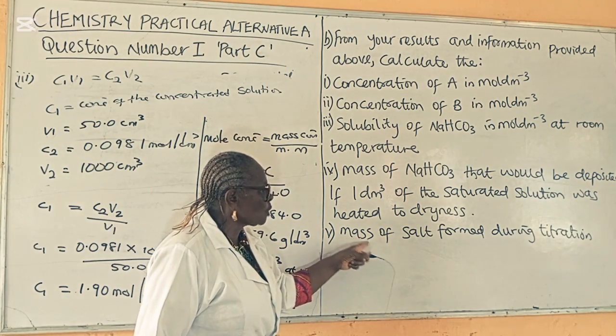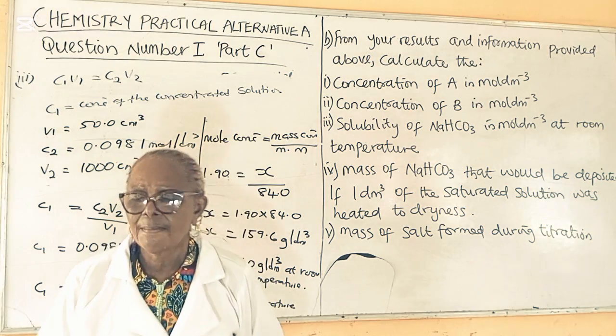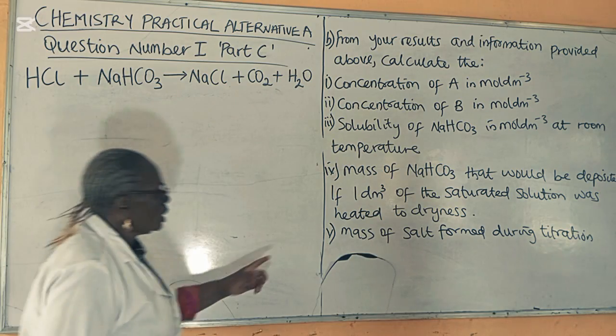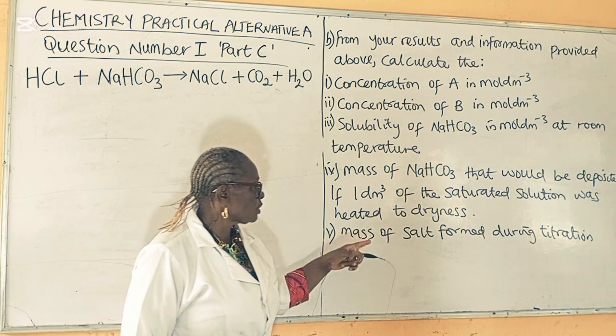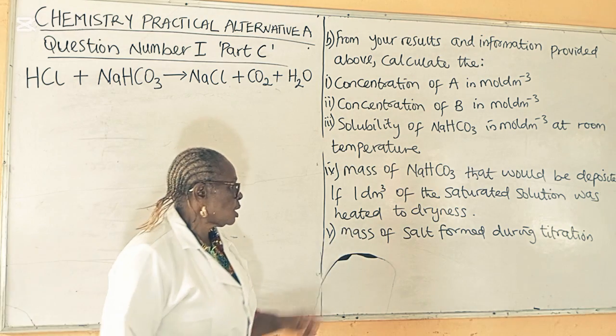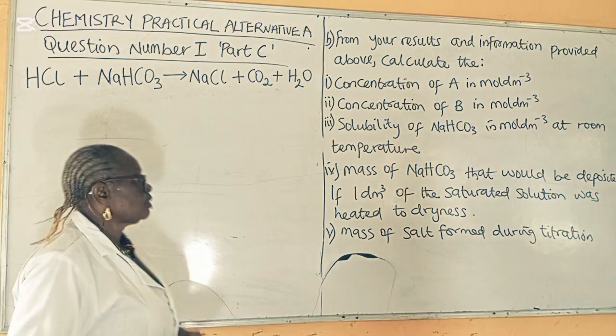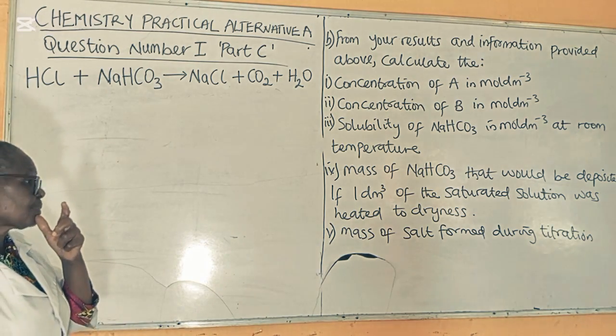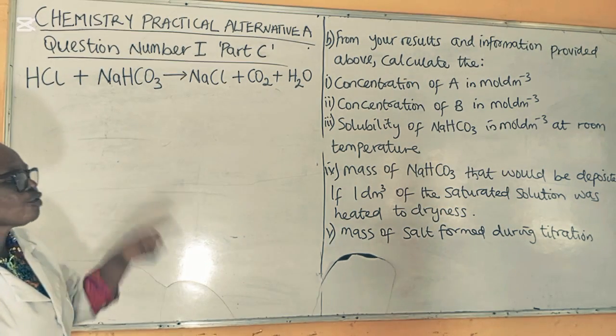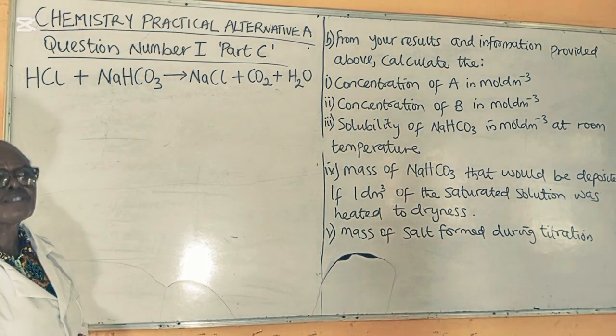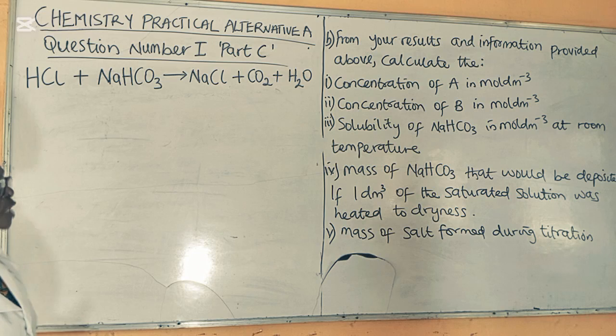This is under the topic called stoichiometry. To solve the last one, which is the mass of the salt formed during titration, before I go to the balanced equation to start my calculation, I have to find the amount in the 25 cm cube of the base used, as usual. That is the amount I have to use to get the mass of salt.